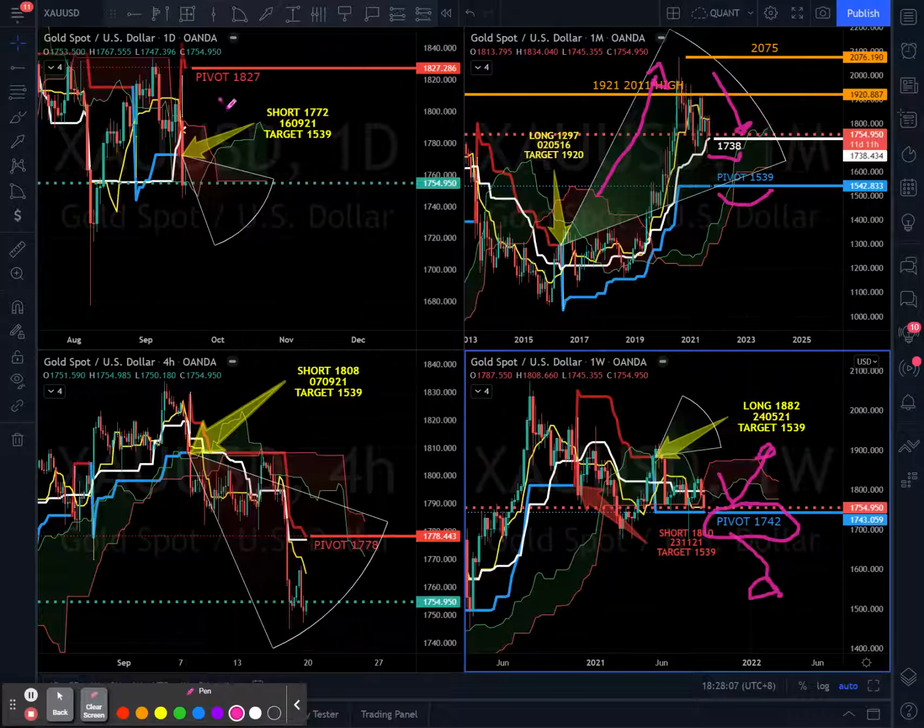On the shorter term charts on the dailies, we have a short signal already on the 16th of September, and on the 4 hourly charts, a short on the 7th of September at 1808, and currently closing at 1754. All right, so watch that key level pivot of 1742.